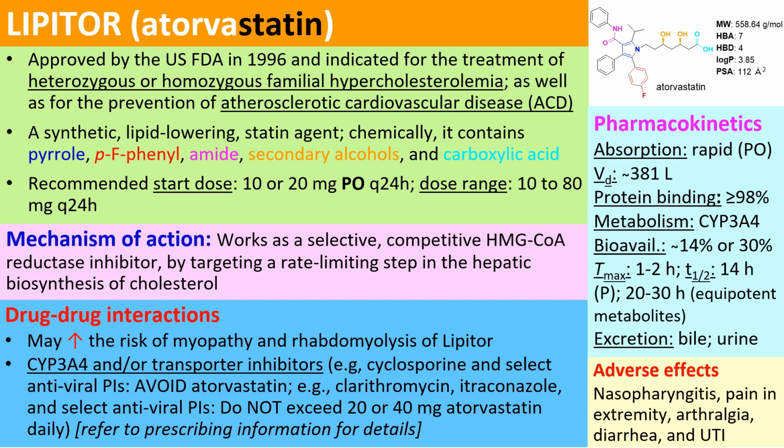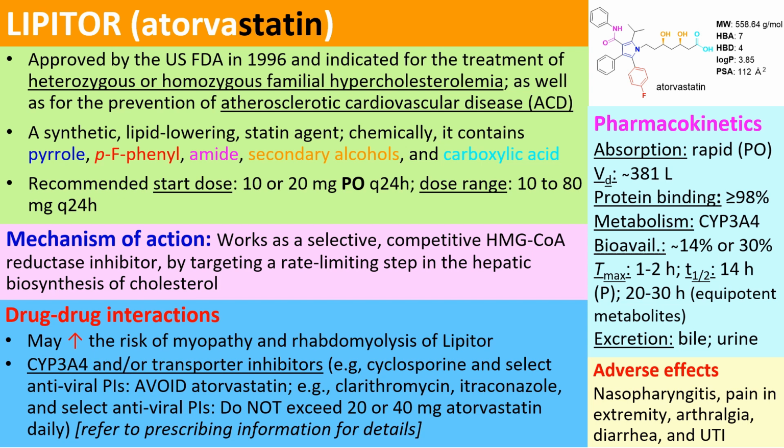The recommended dosing for this medication: start dose 10 or 20 milligram oral every 24 hours. The dosing range is 10 milligram to 80 milligram every 24 hours.